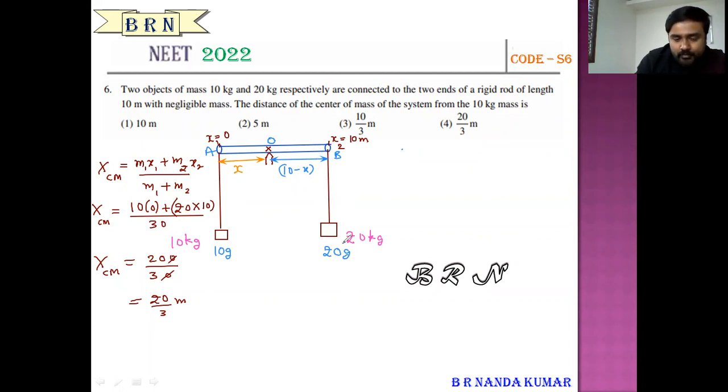So the moment of 20 kg at B about O, the moment of force, is 20 g into the distance 10 minus x. Distance is 10 minus x. So that is equal to the moment of 10 g at A about O, 10 g into distance x.